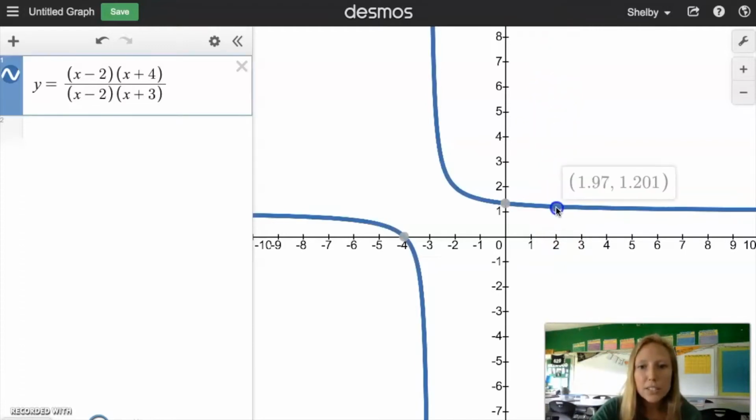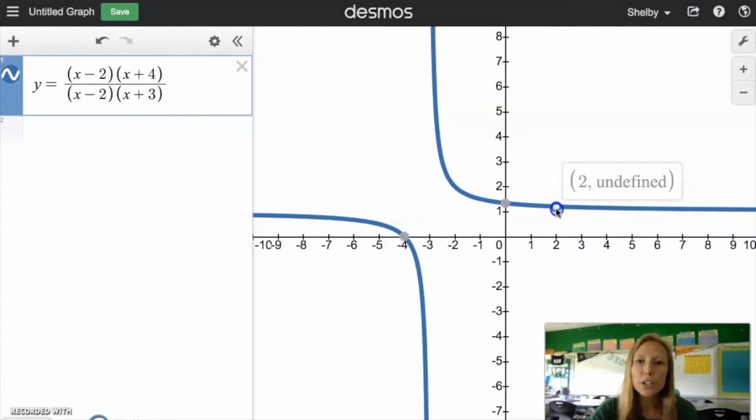If I click on this graph at 2, notice it says that it's undefined. When x is 2, the y value is undefined. And the way that point shows up on the graph is it's an open circle. It's not filled in. This is what is called a hole in the graph.